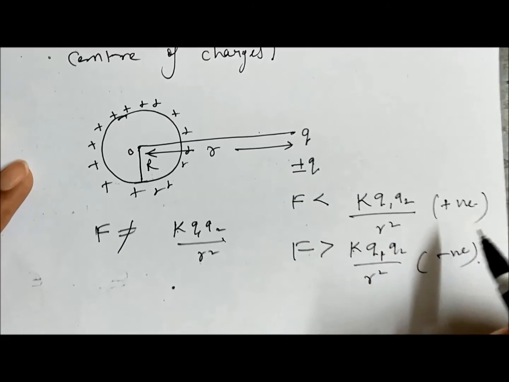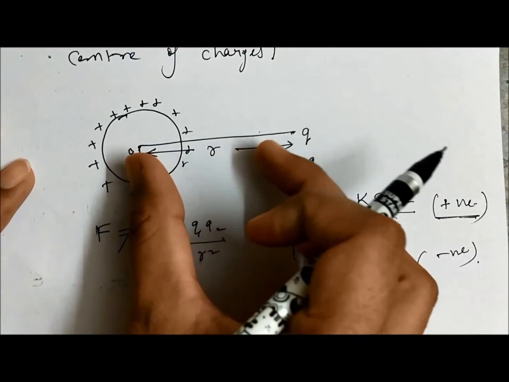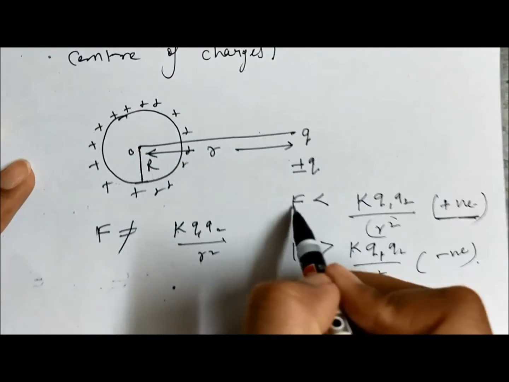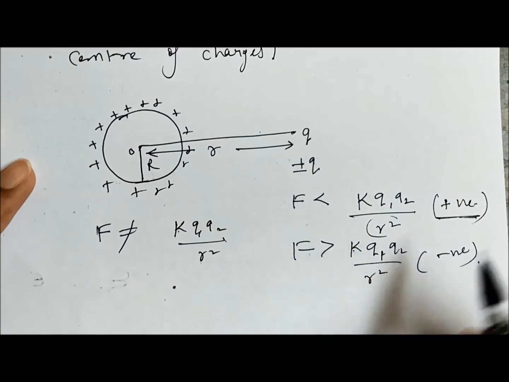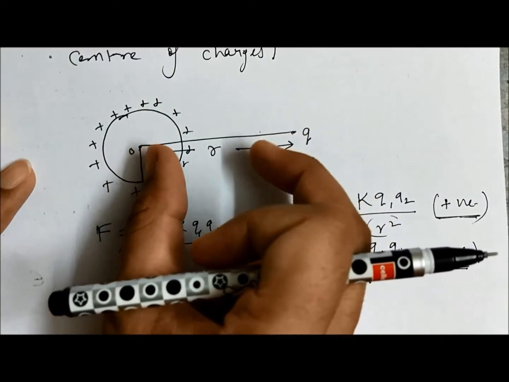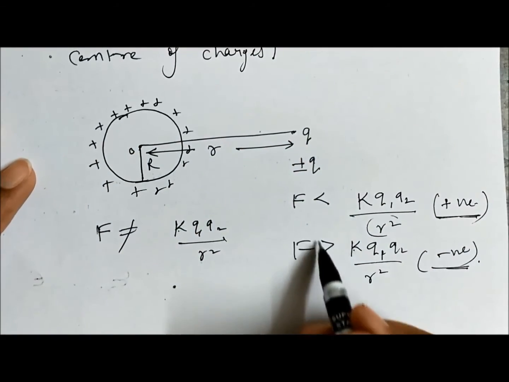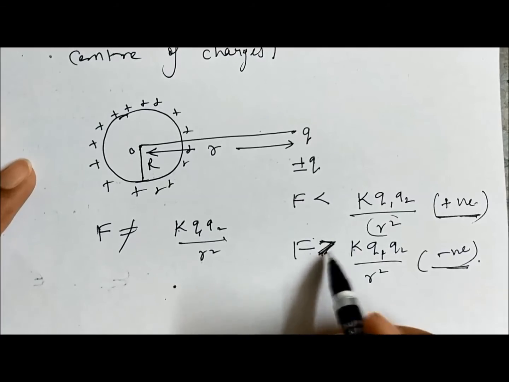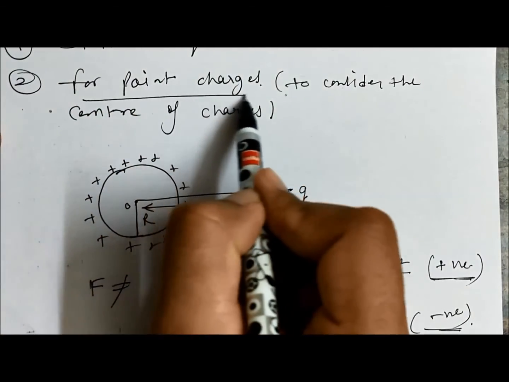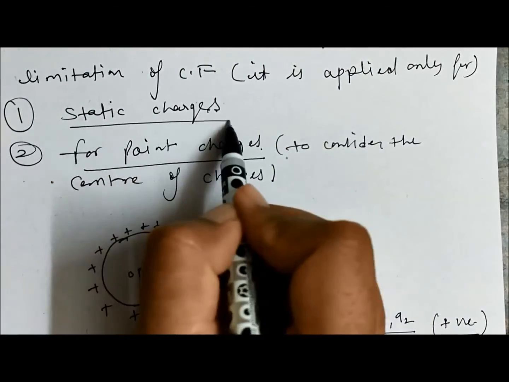When the charge is positive, as the distance increases, the force will automatically decrease. When the charge is negative, they will attract each other, the distance will decrease and the force will automatically increase. So it is applied only on point charges, and the first limitation is static charges.